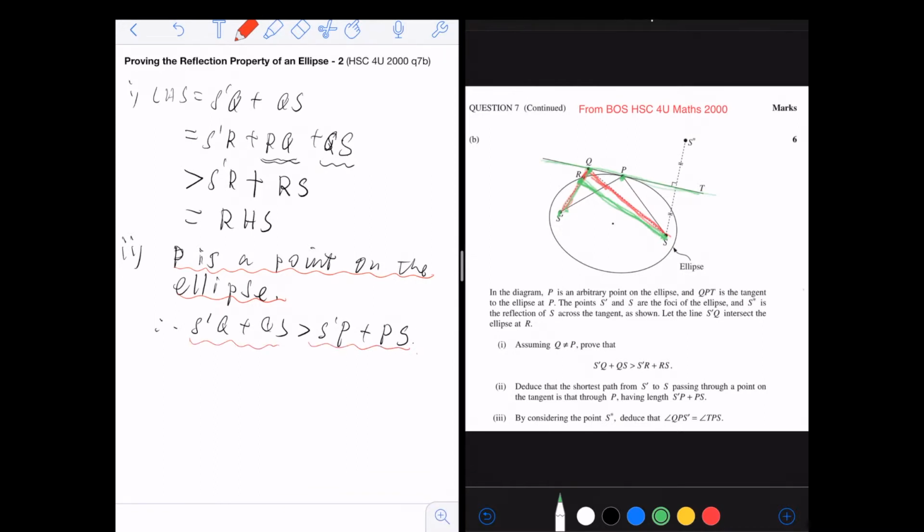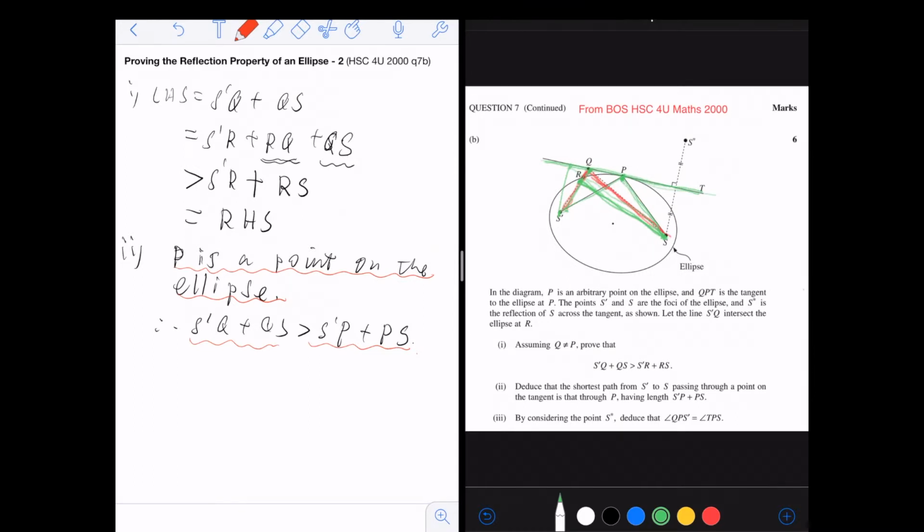P is the only point that is on the tangent and also on the ellipse. So for any other point on the tangent, the distance will always be bigger than the distance via P. For example, this point: that distance will always be bigger than the distance from S dash to P and P to S, because P is on the tangent and also on the ellipse.